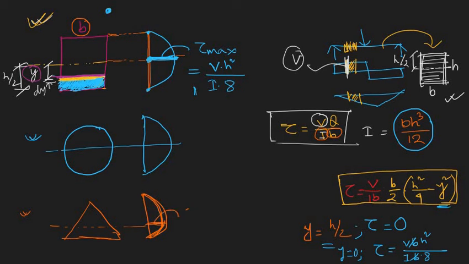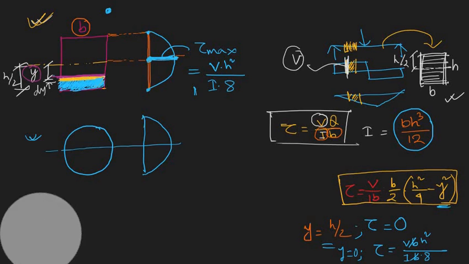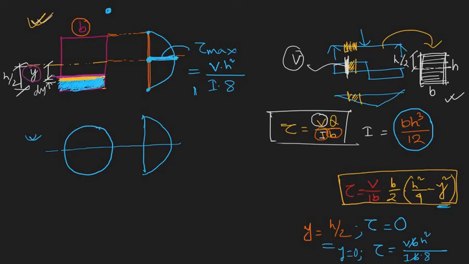This is the tau max. Now if you consider a diamond shape, let's say you have a diamond shape like this.